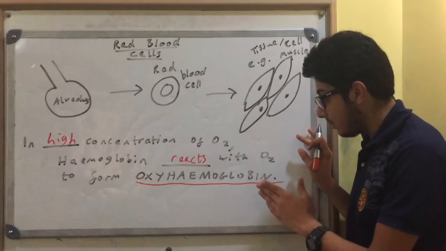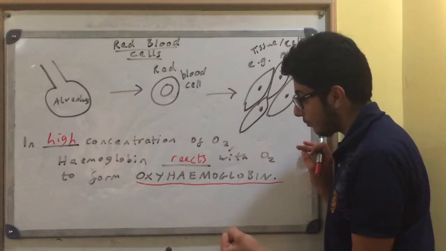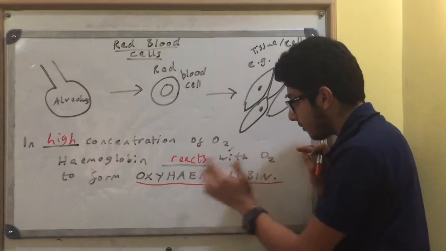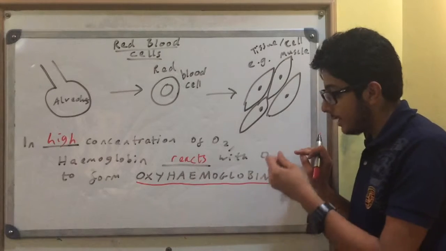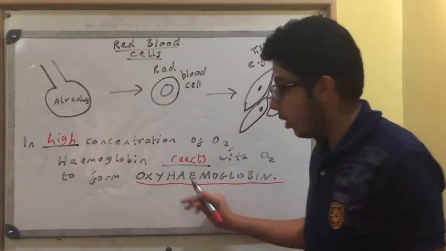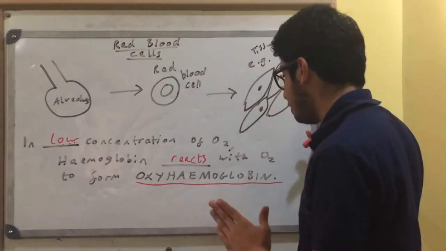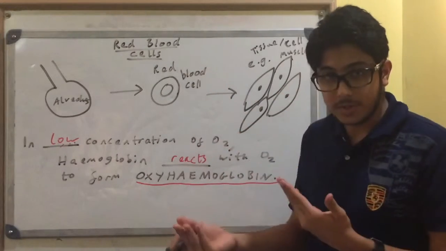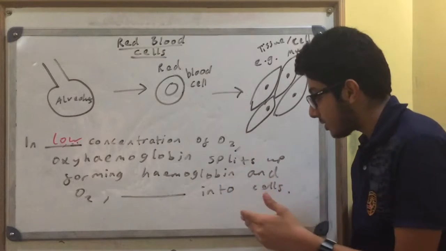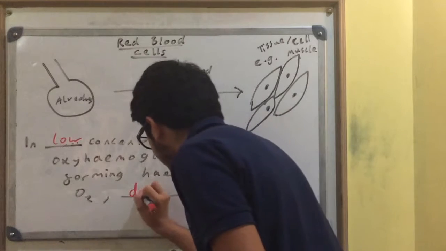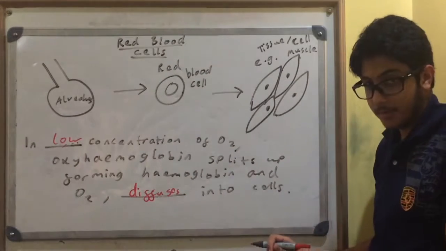And you need to know this. Oxyhemoglobin is bright red, unlike hemoglobin, which is purpley red. It stays like this until there is a low concentration of oxygen, in which case it's the reverse. The oxyhemoglobin splits up, forming hemoglobin and oxygen again. And the oxygen diffuses into the cells when needed.